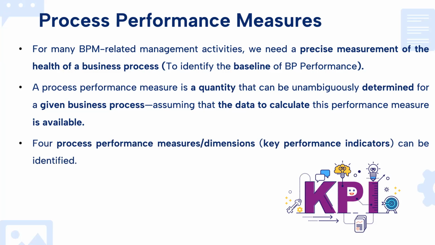So in a process, what you have to do is improve these particular KPIs. One is time, cost, quality, and flexibility. Those are the 4 process performance measures or dimensions that we can identify in a particular process. After selecting a process for improvement, you have to identify the process performance measures in each and every process that you are going to improve. So basically these act as the baseline of business process performance.